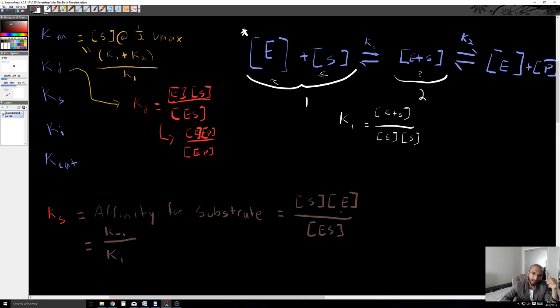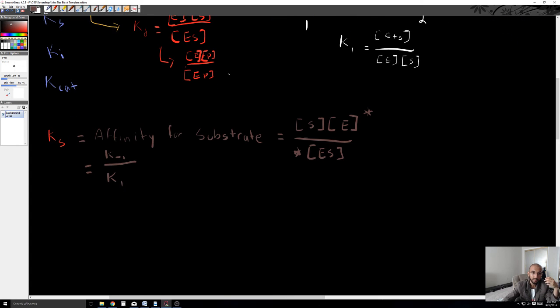If we have low Ks, this number is large and these are relatively small, which means a lot of it has bound, so it has a high affinity. If you need to pause the video, go back, do whatever you need to do, try to understand that inverse correlation between Ks, Km, and affinity based on what exists in solution. Very important concept, fairly easy if you take the time to internalize it, but you need to have that definition down.